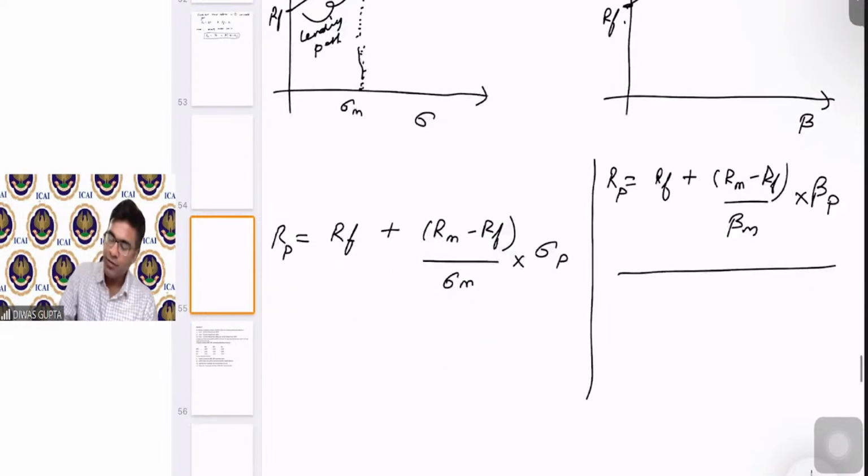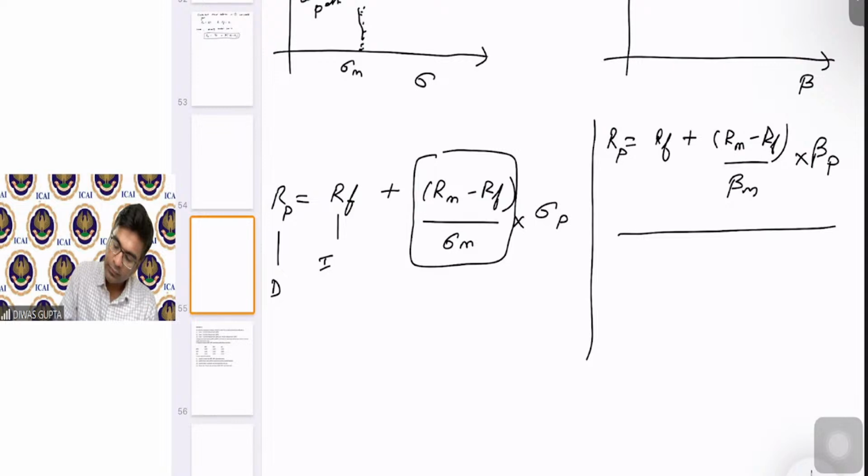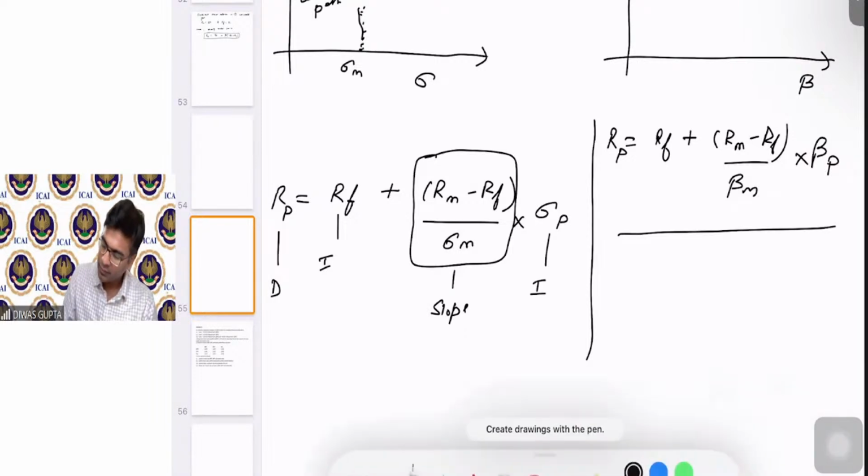Now, students, one more important point to note. Here, this is called the dependent variable. This was the intercept, correct? Then this entire thing became the slope, and this was the independent variable, correct?